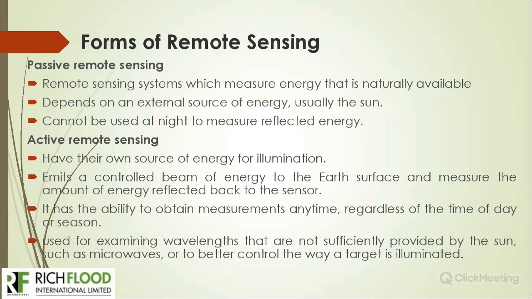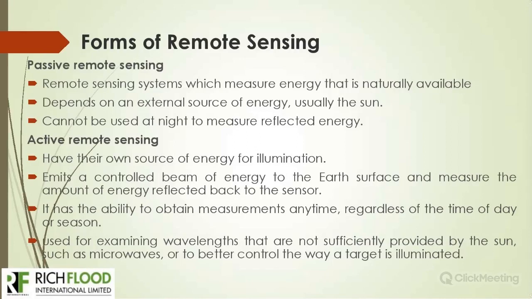So the active remote sensing emits a controlled beam of energy to the Earth's surface and measures the amount of energy reflected back to the sensor. So this system emits its own energy to the Earth's surface. And when this energy gets to the Earth's surface, the reflection of this energy from the object or phenomenon on the Earth's surface is sent back to the sensor, and it is what is measured and used to extract information about the object from which the energy has been reflected.